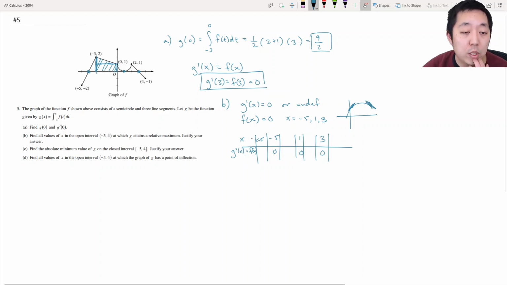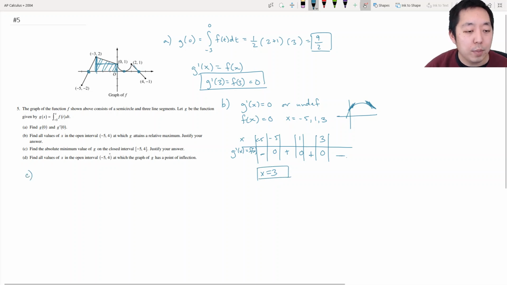Here f of x is 0, here f of x is greater than 0, and here it's less than 0. It's positive between -5 and 1, and also positive between 1 and 3. Less than -5, it's negative, and greater than 3, it's negative. So we only go from positive to negative at x equals 3.